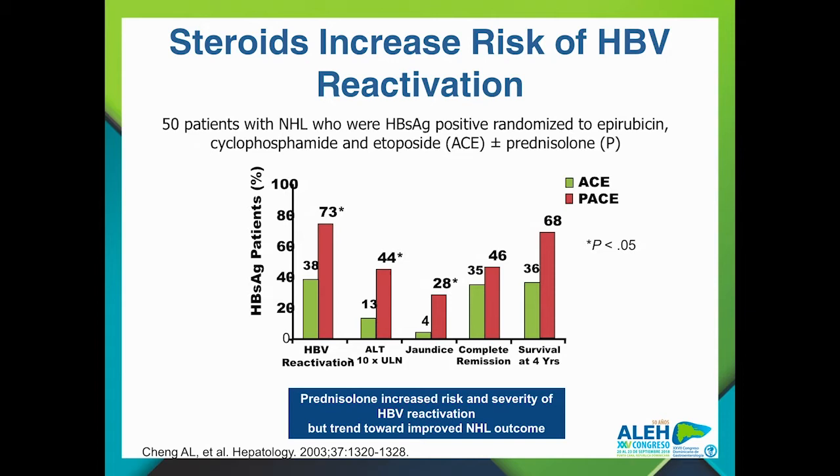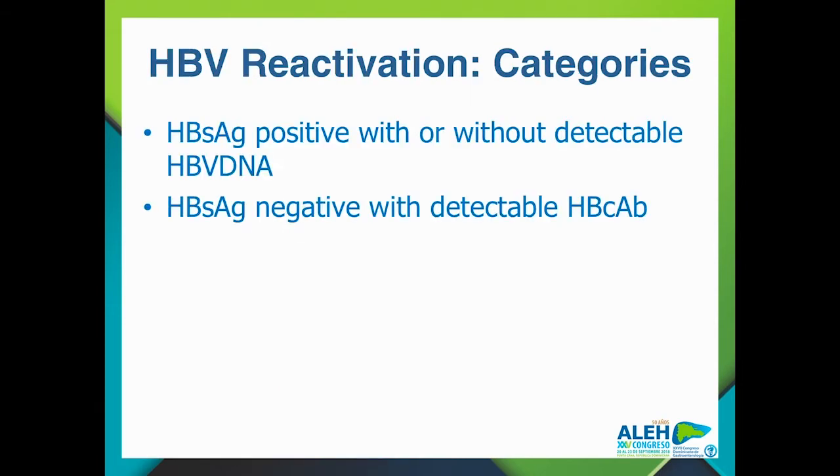Here you can see an example from about 15 years ago of how immunosuppression, and the addition of prednisolone and high-dose steroids, can also increase the risk of developing hepatitis B reactivation. So we know the problem exists. It all comes back again to finding the patients beforehand and then being able to hopefully initiate treatment.